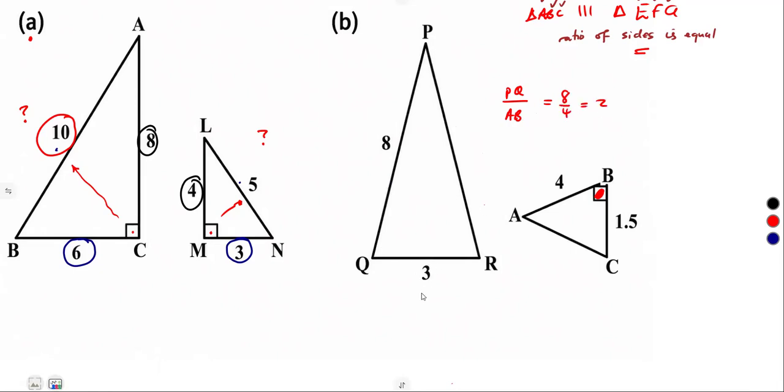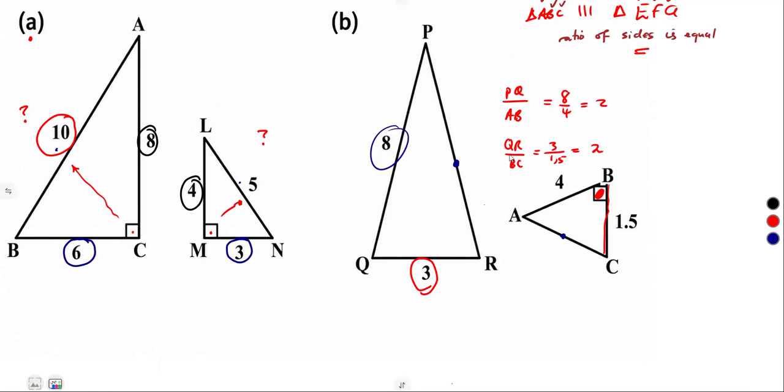From the first triangle, we can take this base, QR, over the corresponding 1.5, which is BC. So that's 3 over 1.5, and that gives us 2. So from these two sides, it follows that even the third one, PR over AC, is going to give us the same ratio.